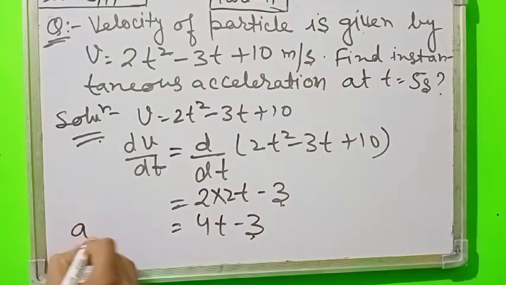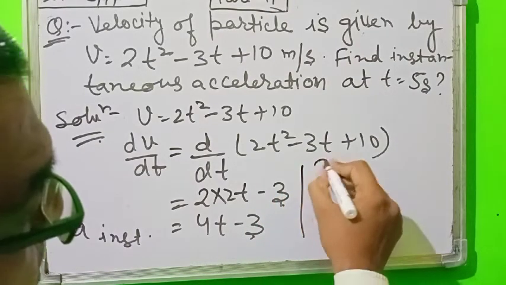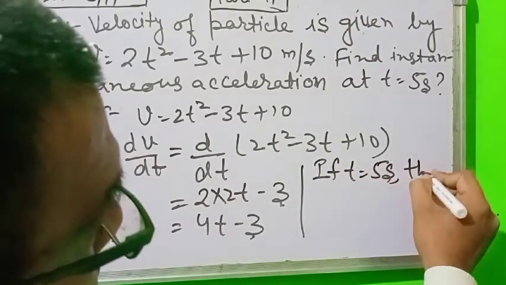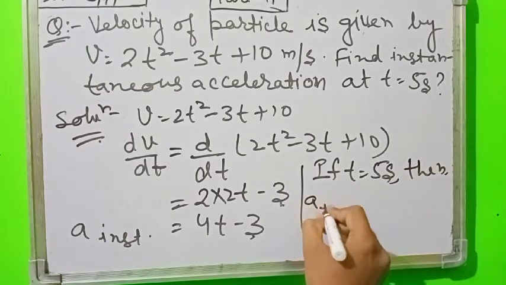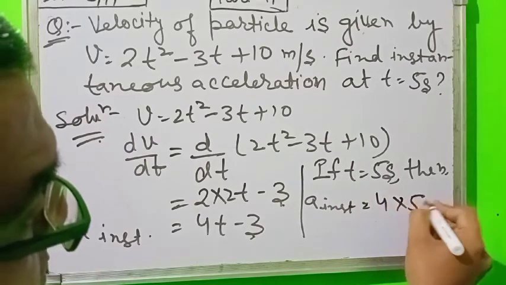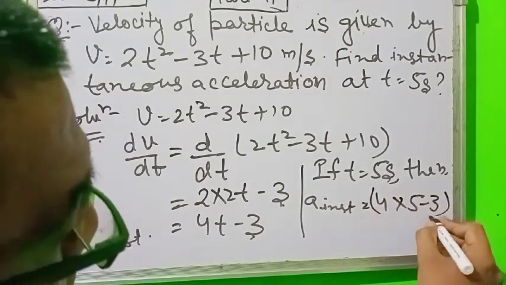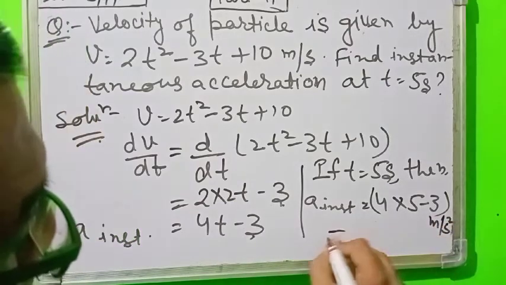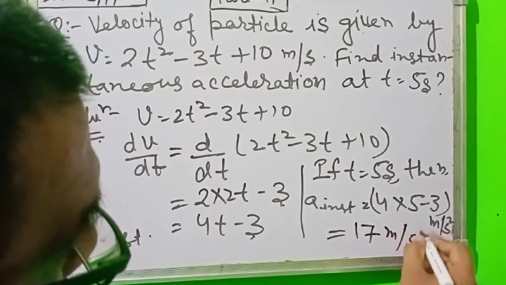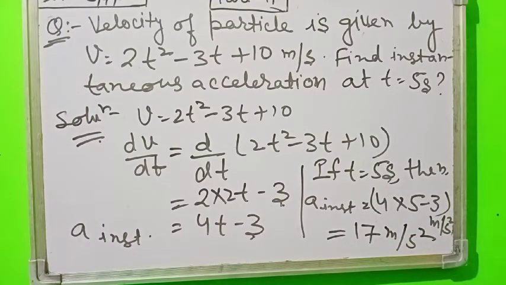That is the instantaneous acceleration. Now you have to find it at t is equal to 5 seconds. So if t is equal to 5 seconds, then a instantaneous is equal to 4 into 5 minus 3 meter per second square, and it is equal to 20 minus 3, that is 17 meter per second square.